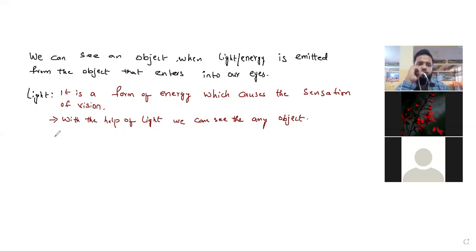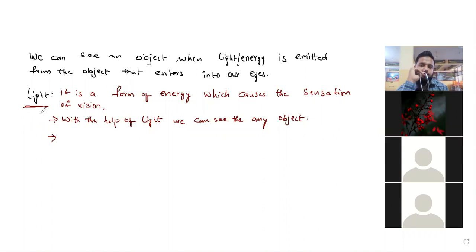Yes, sir. Now, what example will you give for light? A best example. What is a basic example of light? Sun, sir. Sun. Very good. A basic example of light is the sun.